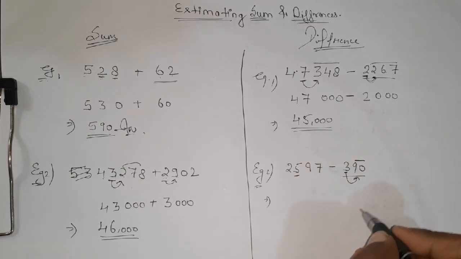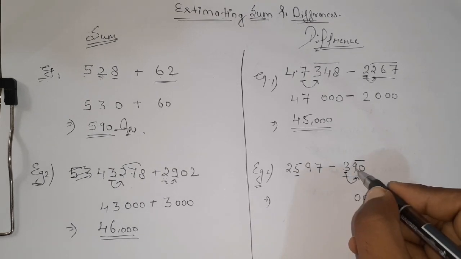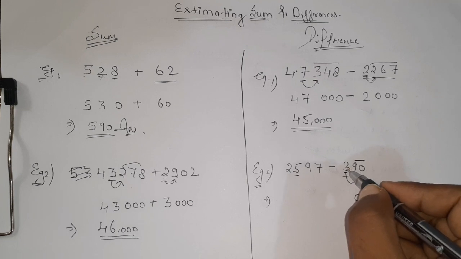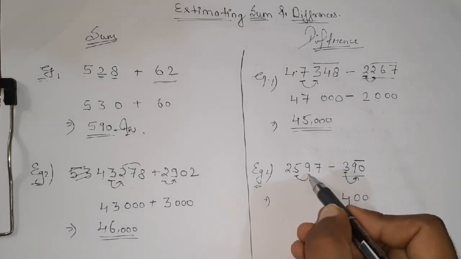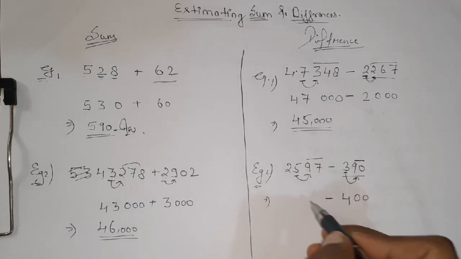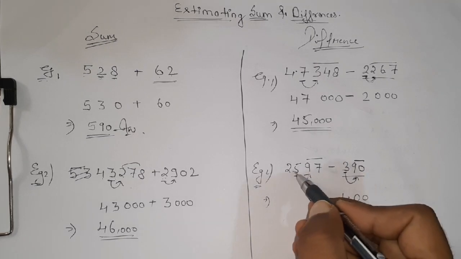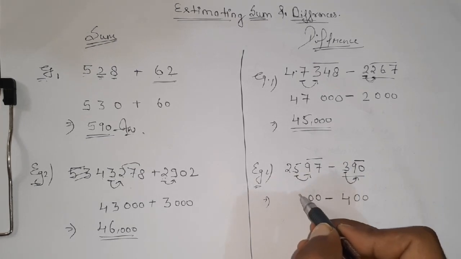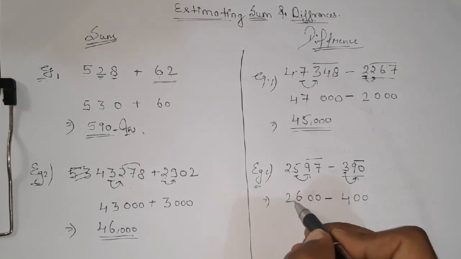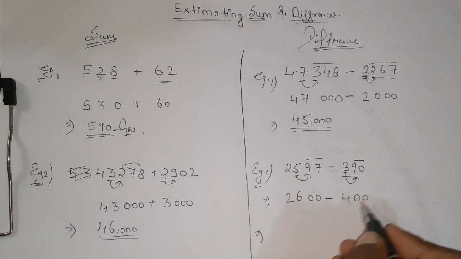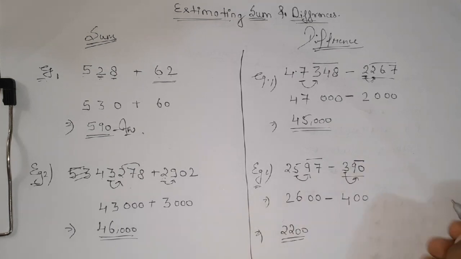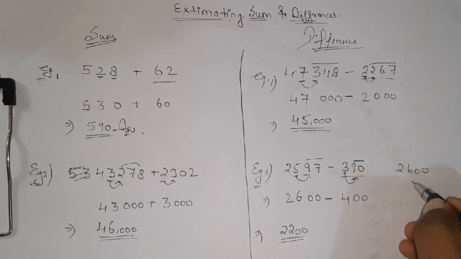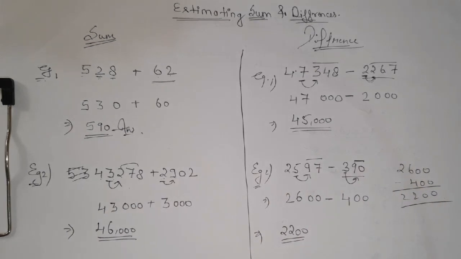So we replace the last two digits with zeros, and because 9 is more than 5, we add 1 to the number, that is 3 plus 1, 4. Put minus here, and after 5 you can see it is 9. For these two we put two zeros, and because it is 9, we add one more to the number 5, that is 5 plus 1, 6, and 2 stays like this. So 2600 minus 400 will be 2200. You can do it like this also: 2600 minus 400 is 2200, right, student?